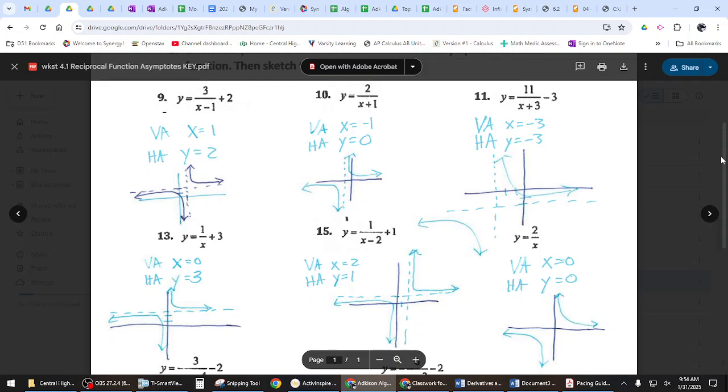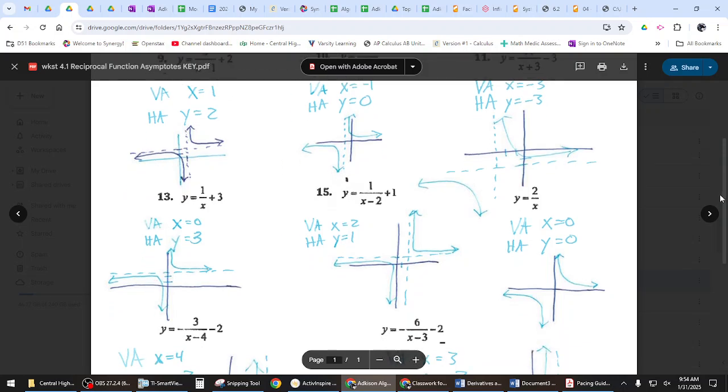I'm hoping VA and HA were clear, that's vertical asymptote, horizontal asymptote. Okay, middle and bottom row.